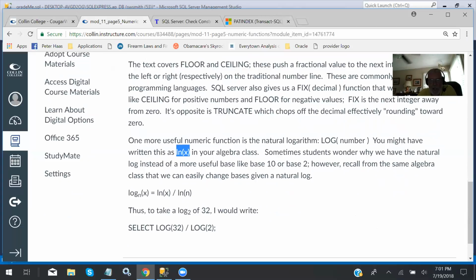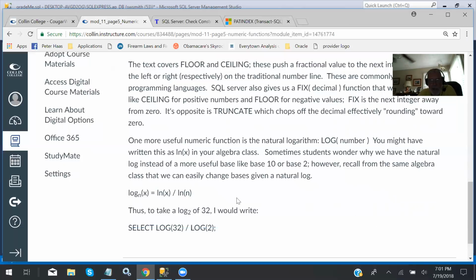If I want to change to the log of any number, I take the log of x and divide by the log of the base that I want. So for example, if I want a log base 2, I take the log of the number and I divide by the log of 2. That's the base shift algorithm from your algebra class.